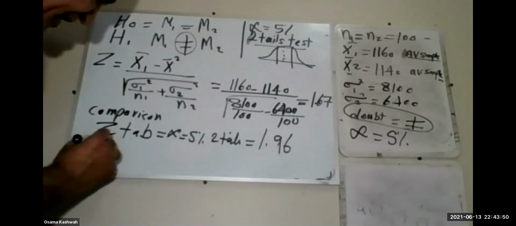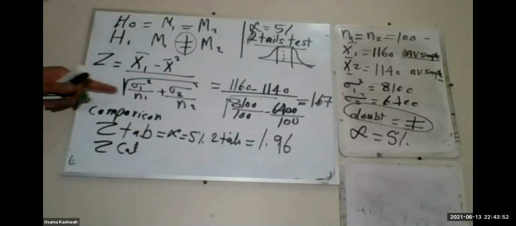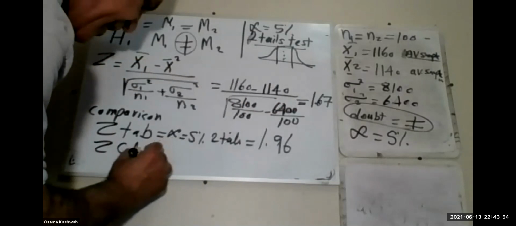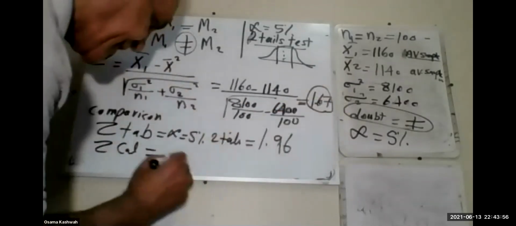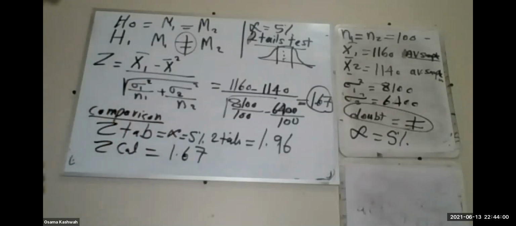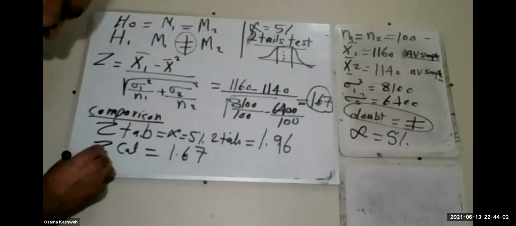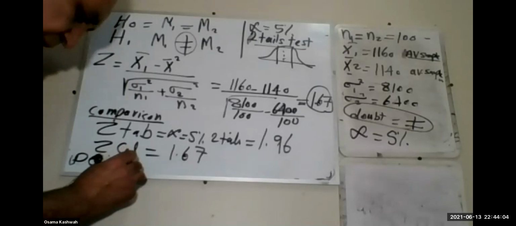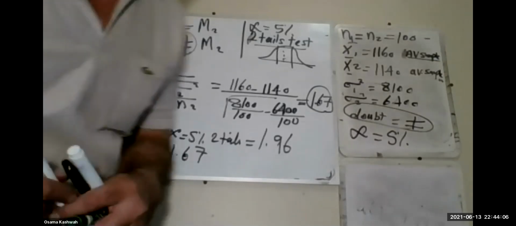But the Z calculated, which I calculated here, equals 1.67.